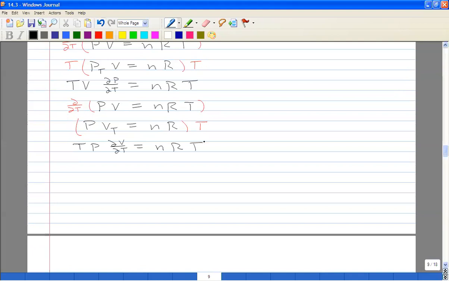Okay. And so I have the following, that multiplying these two together, that t squared times partial p with respect to t, partial v with respect to t, equals PV times T, which is nRT squared.